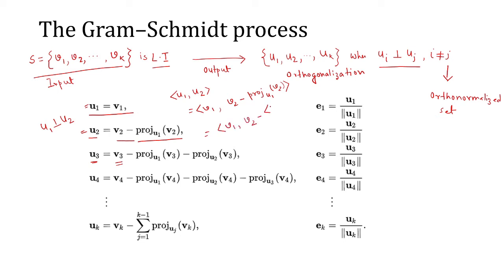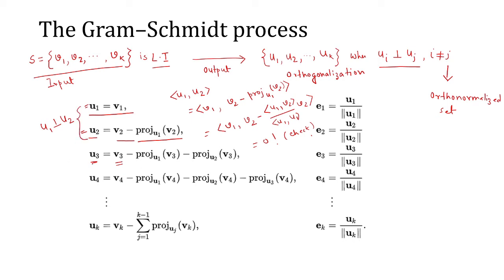This would be the inner product of u1 with v2 minus the inner product of u1 with u1 times v2 component, so obviously this is going to be 0. Just calculate it, it would be 0. Check. So from these two steps you can easily check u1 is perpendicular to u2.